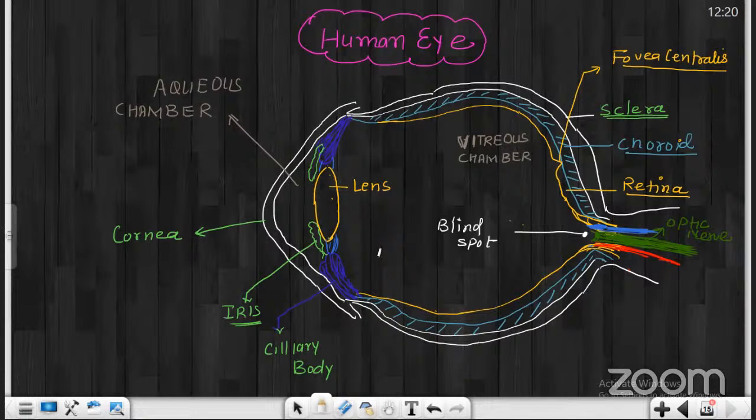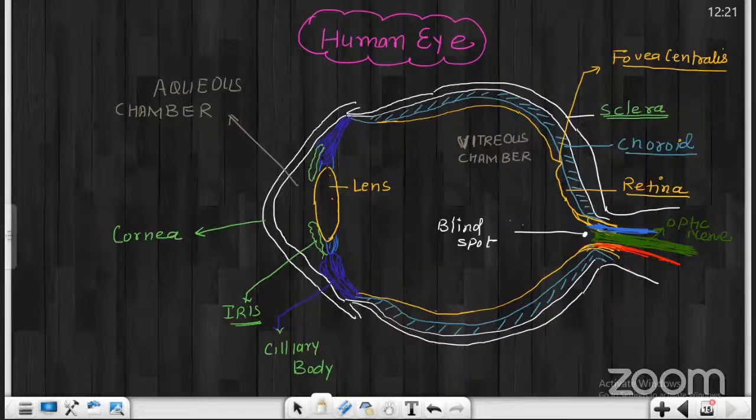Now talking about one by one its parts. First, starting with your fibrous outermost coat, that is your sclera, what is called sclerotic coat or fibrous tunic. ठीक है, तो चलो इसको स्टडी करते हैं वन बाय वन.